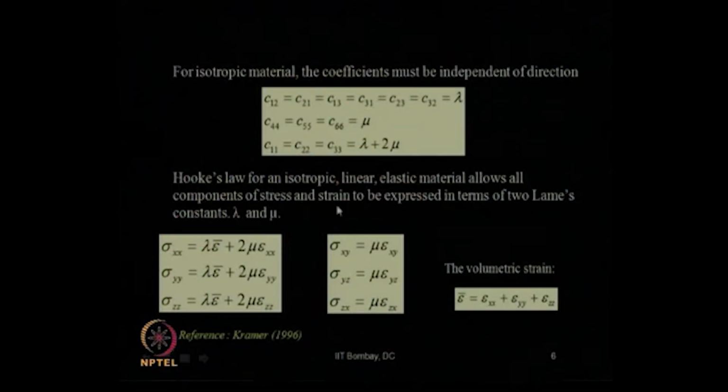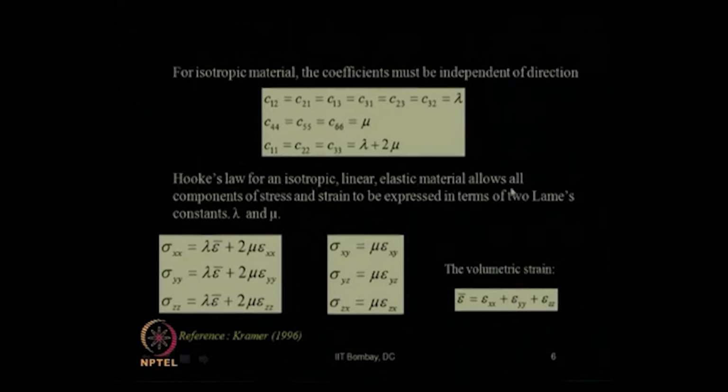For an isotropic material, Hooke's law for an isotropic linear elastic material allows all components of stress and strain to be expressed in terms of these 2 Lame's constants. So, on simplification, if we want to write sigma xx in terms of epsilon xx and the other strain terms, it will take this form.